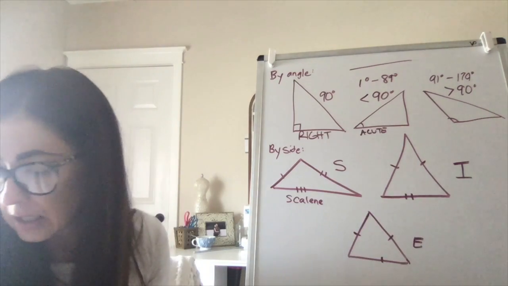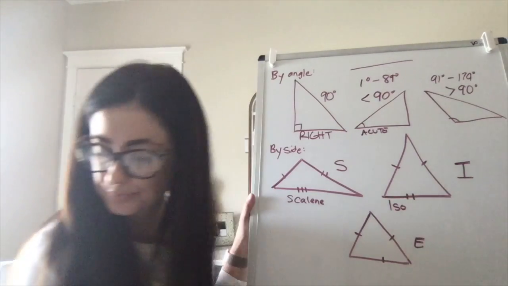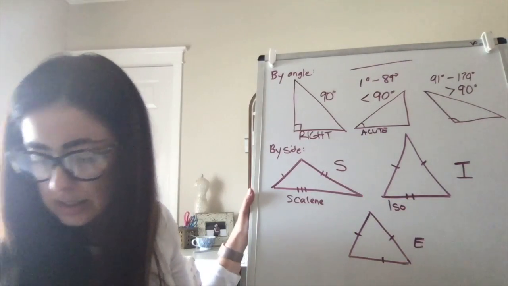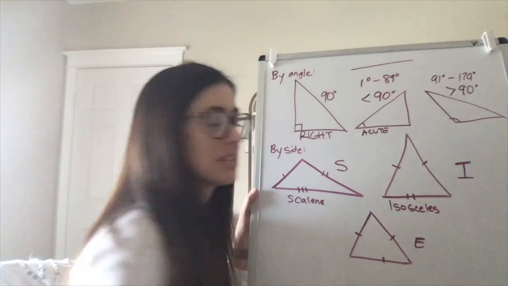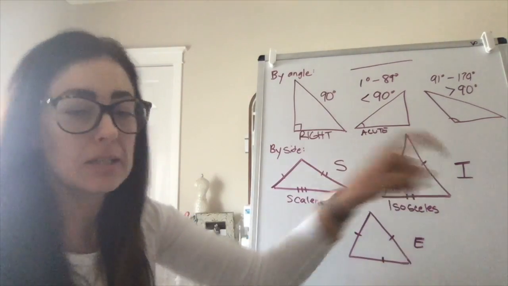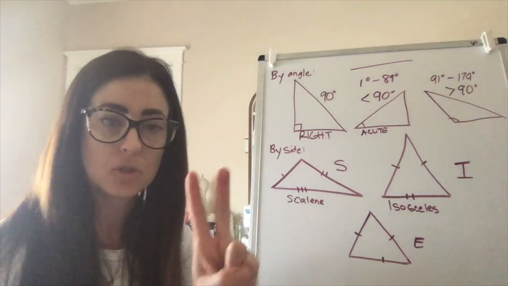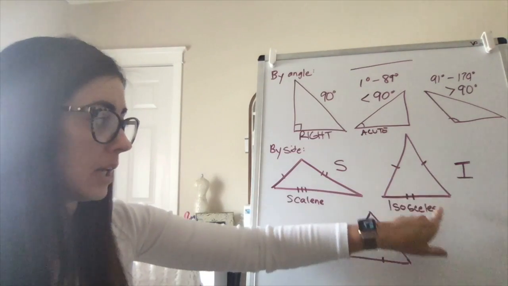This kind is called an isosceles. Isosceles, and if you notice, we have 2 sides with 1 tick mark and 1 side with 2, which means these 2 sides are equal and this one's not.